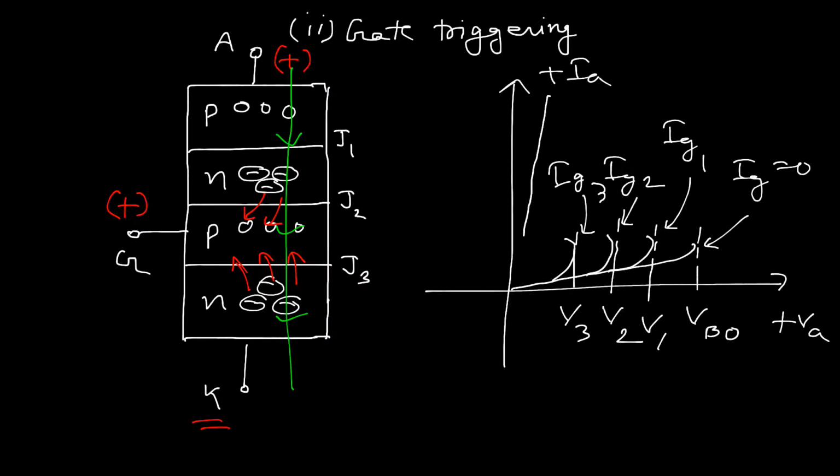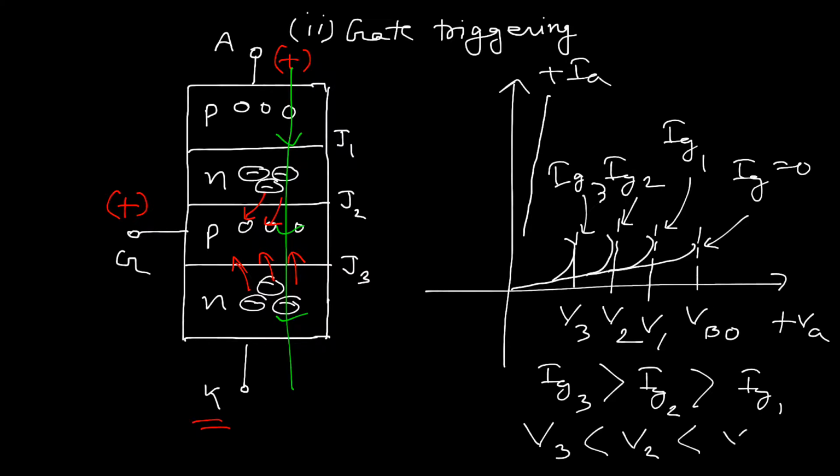So we can correlate this relation: Ig3, Ig2 is less than Ig3, and Ig1 is less than Ig2. That means the breakover voltage V3 is less than V2, which is less than V1.